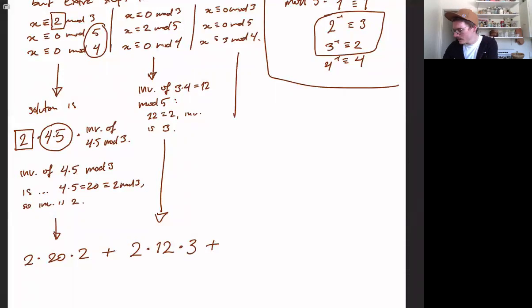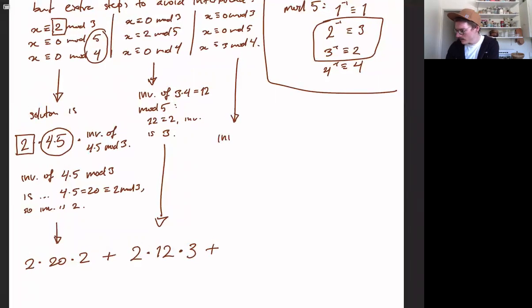And then the last one, what do we need? Inverse of 3 times 5 mod 4. So 3 times 5 is 15. That's congruent to 3 mod 4. And the inverse is 3.